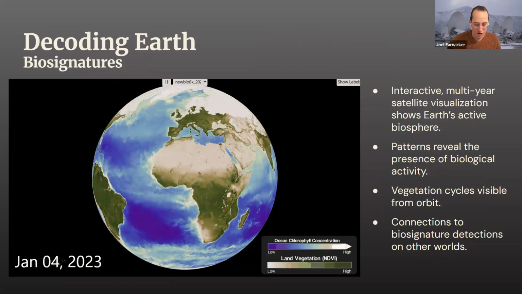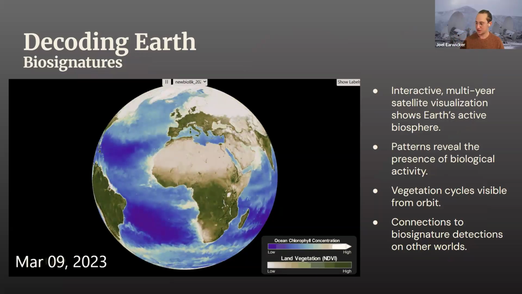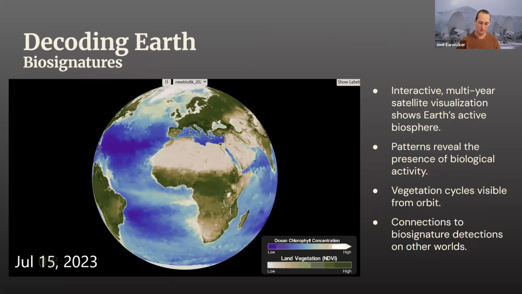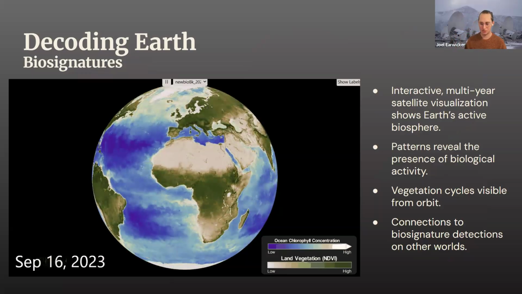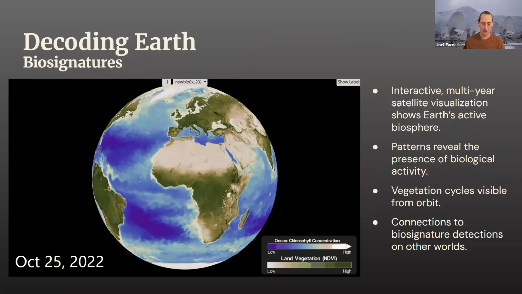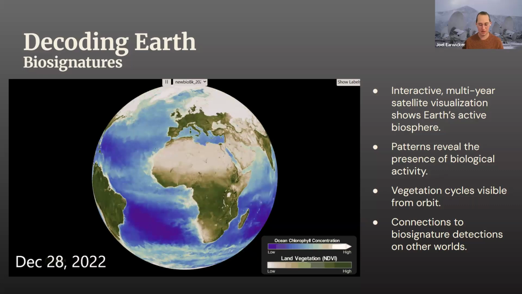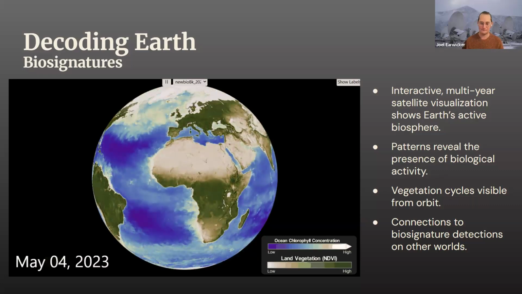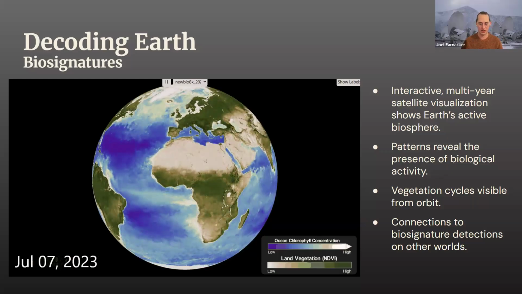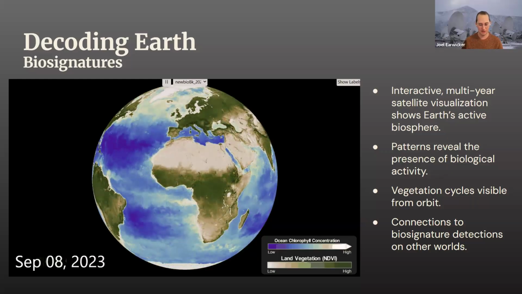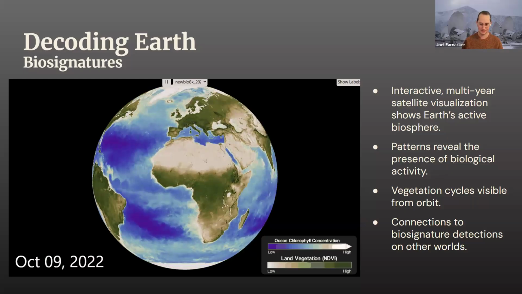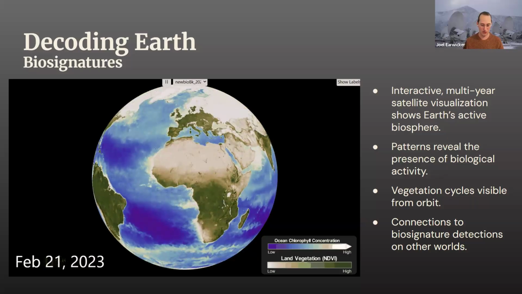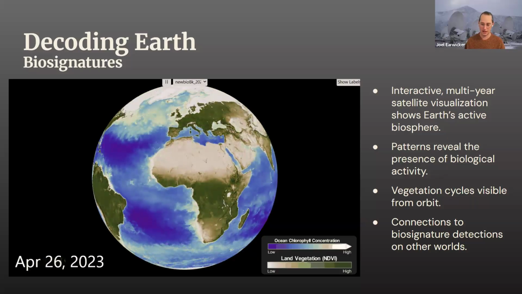Not only can we work with those images that students are creating in real time from that lab setup, but we can also work with some longer term monitoring projects that combine satellite data across the entire globe. We can have students working with interactive satellite visualizations that show how Earth changes over the course of many years.